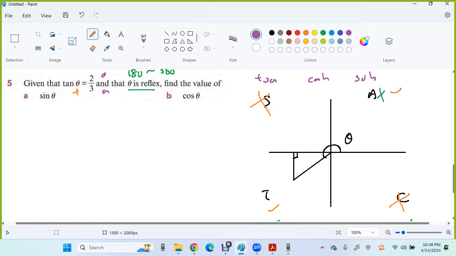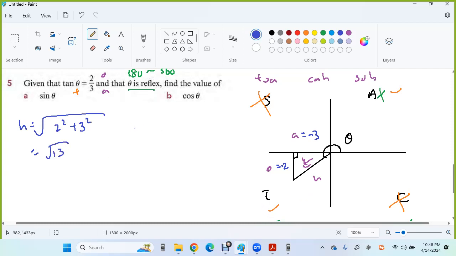This is opposite, this is hypotenuse, this is adjacent. The opposite is 2 and the adjacent is 3, but the left hand side will be negative, and downward is negative, and the hypotenuse will always be positive. That is 2 squared plus 3 squared, so it's square root 13.